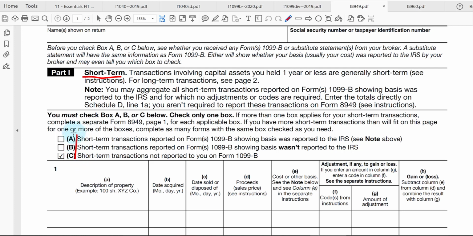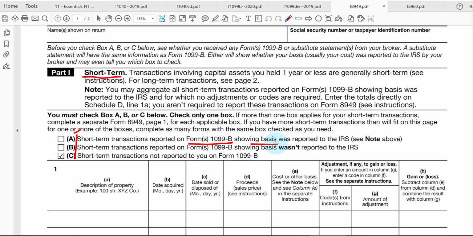So in the case of situation A, Form 1099-B was issued by the broker and a copy goes to the IRS, showing everything: the sales price and the basis costs.